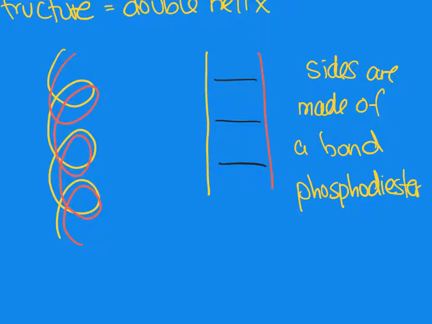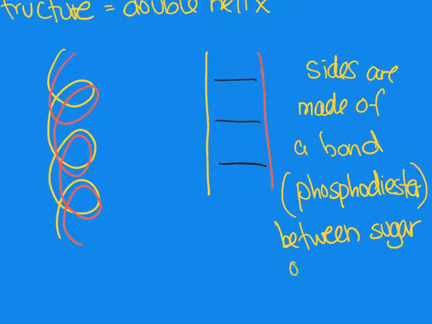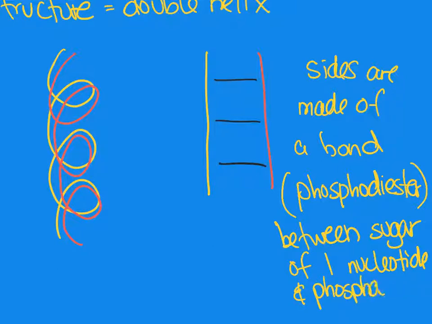That phosphodiester bond is going to be between the sugar of one nucleotide and the phosphate of another one. And that's how they're held together on the sides.